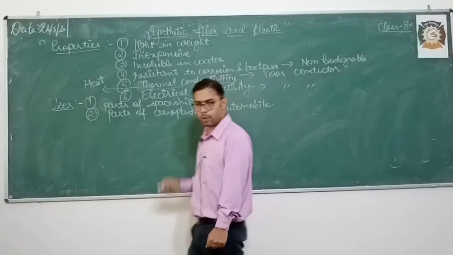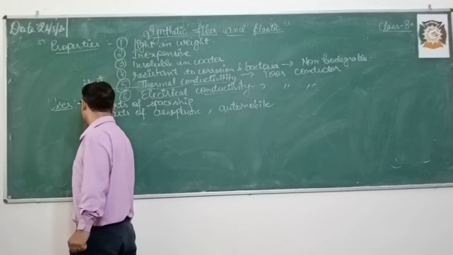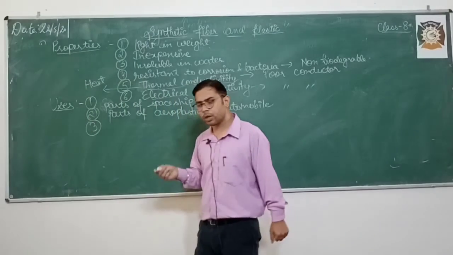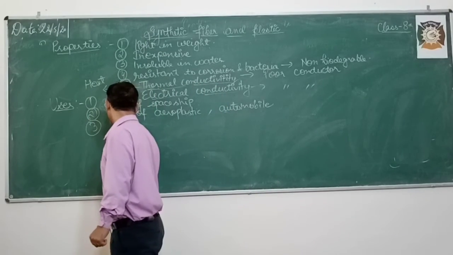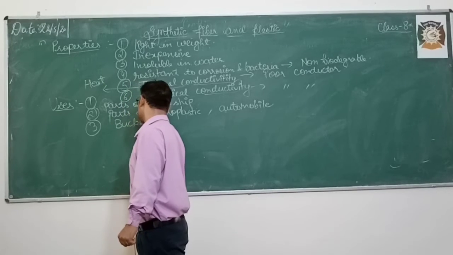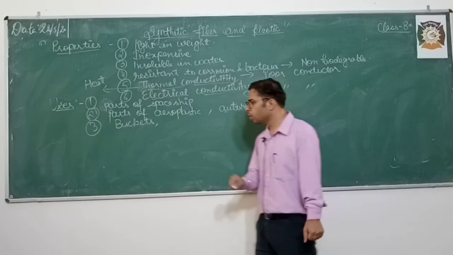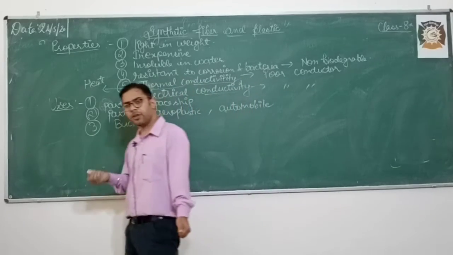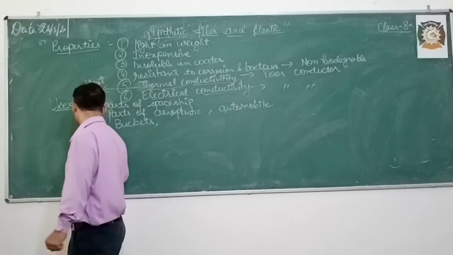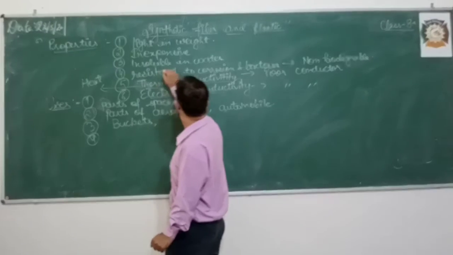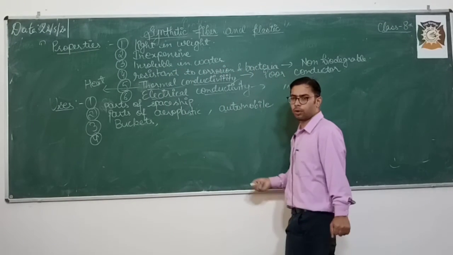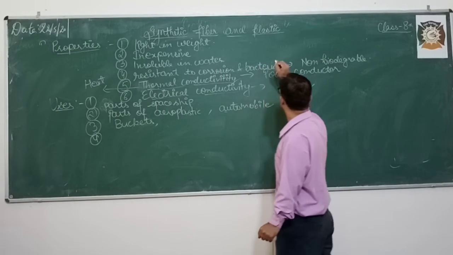Now, they are insoluble in water, so due to this they are used to make buckets. They are sometimes also used to make glasses in which we can drink water. Next, they are resistant to corrosion, and they are resistant to bacteria.